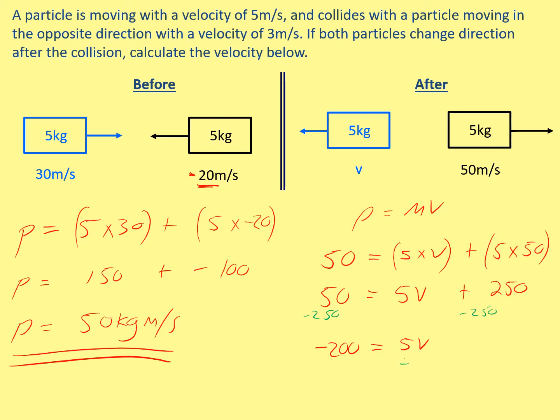Next, I'm going to divide that side by 5 and divide that side by 5. So therefore, the final velocity is going to be minus 200 divided by 5, which is minus 40. Now it's minus 40, and that makes so much sense. If you have a look at the box up there, it's negative because it's going off to the left. So yes, getting a negative number is good.